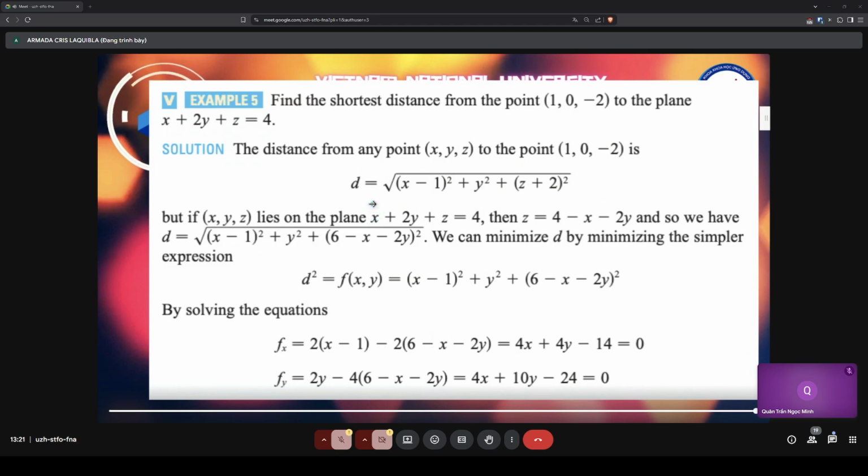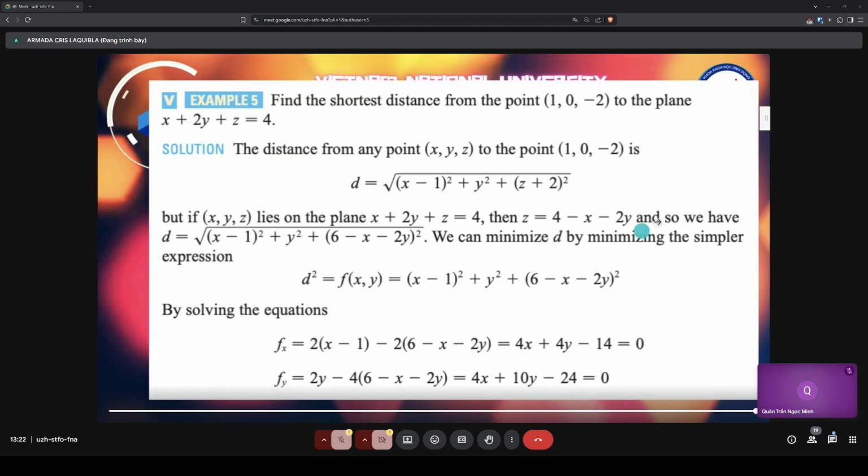And we have to get the shortest distance between the two points, where (x, y, z) lies in the plane x + 2y + z = 4. Now solve for z there. Your z is 4 - x - 2y; just transfer the x and the y to the other side.